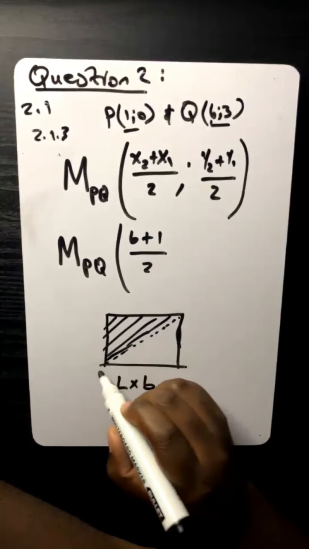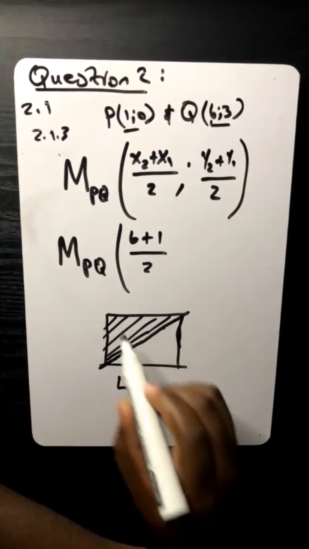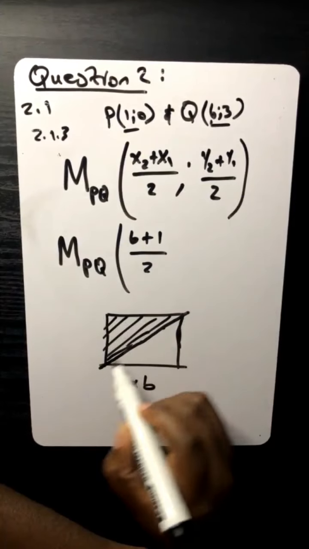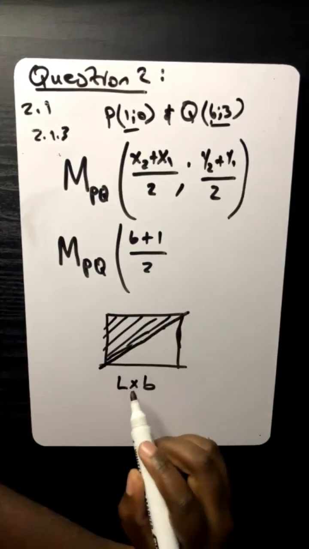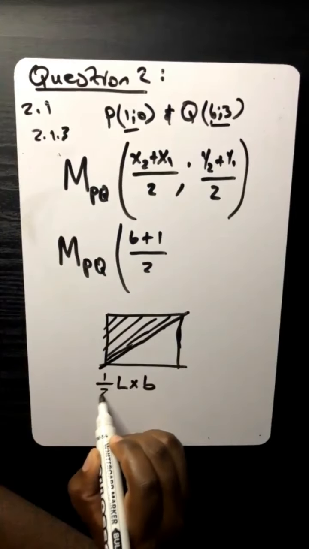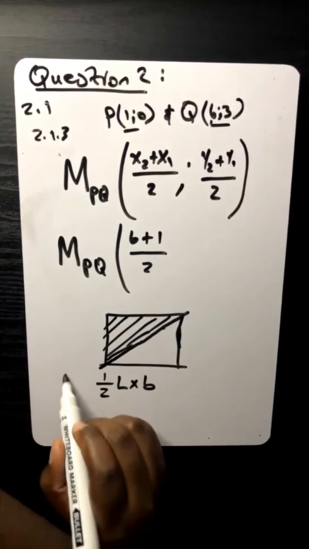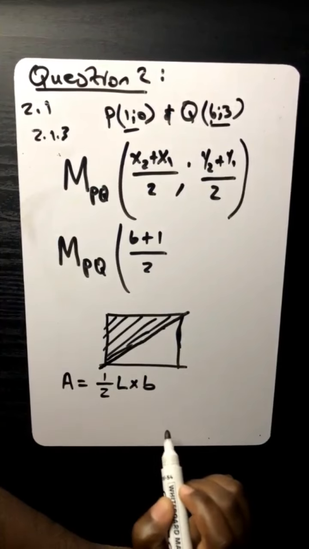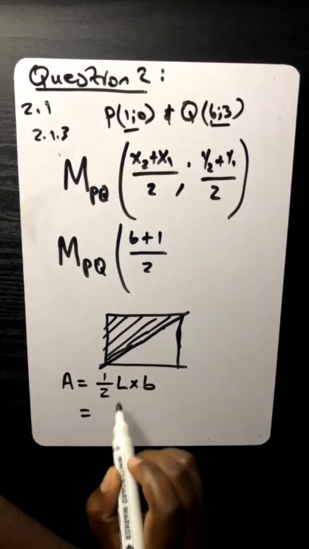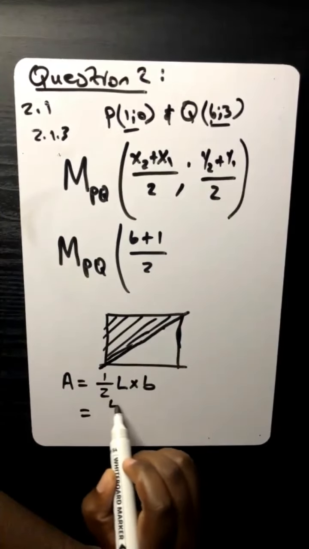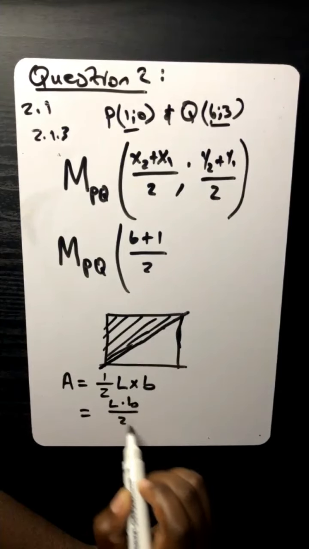So the moment you cut it into half, that is why it looks like a triangle, and also this looks like a triangle. Because you've cut it into half, that is why you divide it by 2. And that is the reason why we say the area of a triangle is equal to half length times breadth. In other words, this mathematically is the same as length times breadth divided by 2.